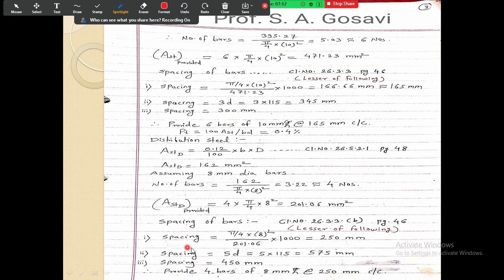From this formula, instead of 3D the change is 5D, and instead of 300 the change is 450. The first spacing calculation will remain the same, the values will change but the formula is the same. By solving this you will get the number of bars for distribution steel.